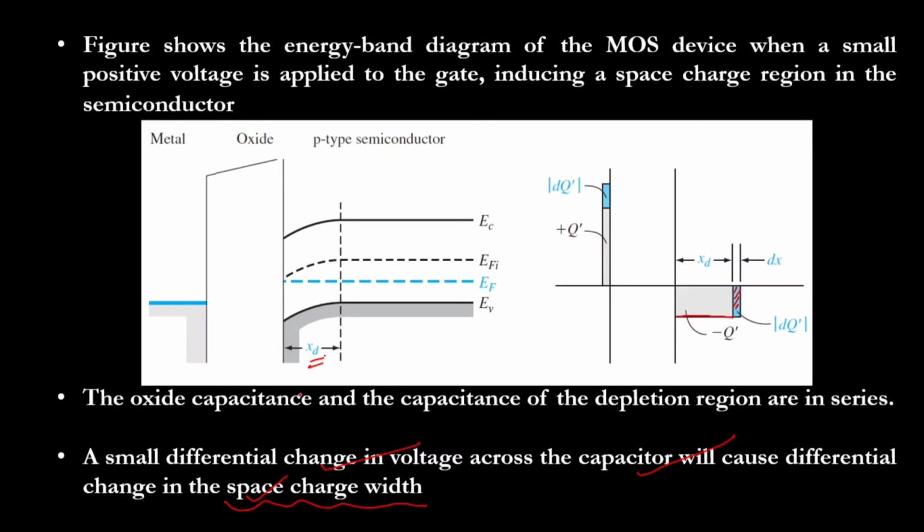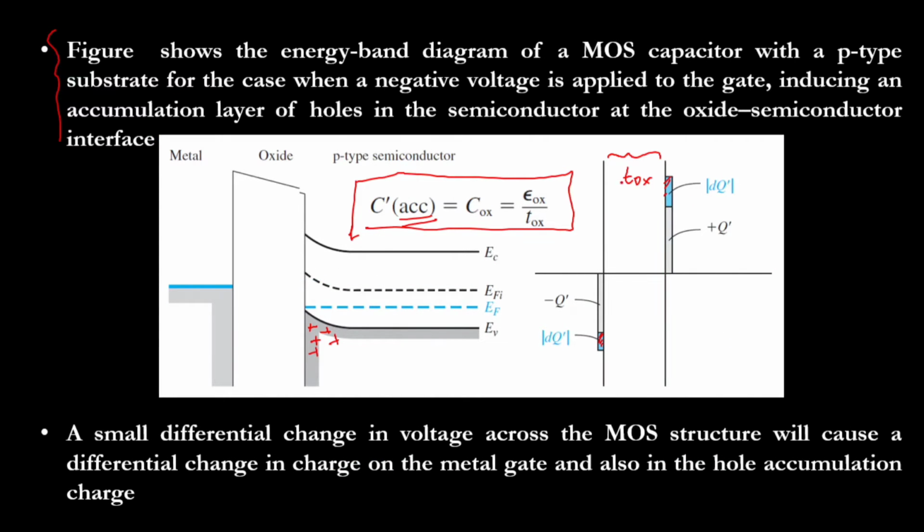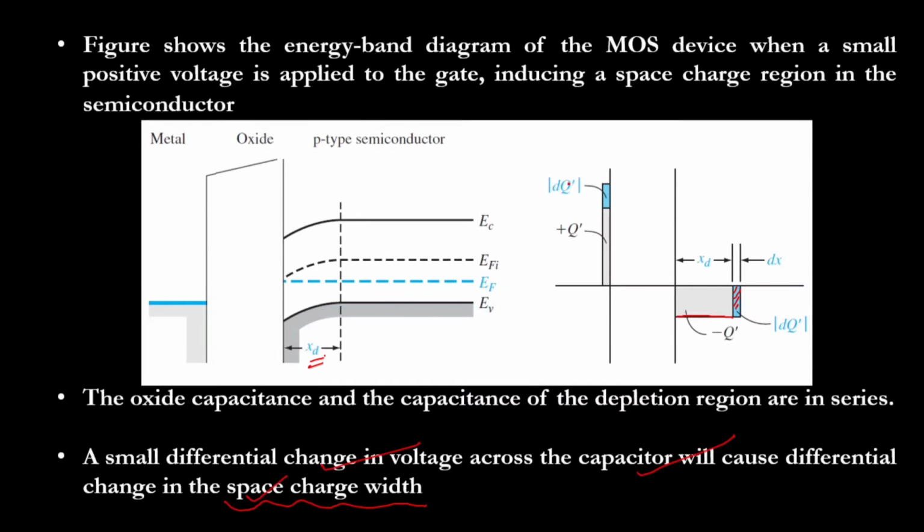Okay, the oxide capacitance and the capacitance of the depletion region are in series. And what is the other difference compared to before? In the previous diagram, the capacitance was only because of the oxide layer, but here the capacitance is because of the oxide layer as well as the depletion region.